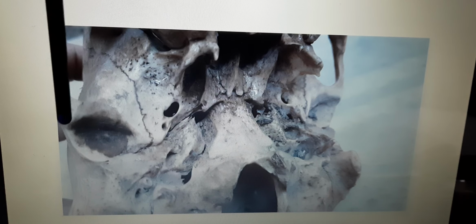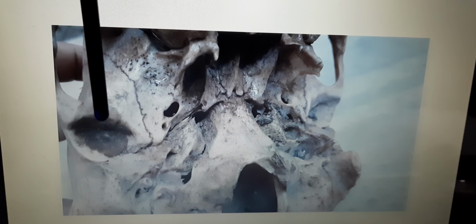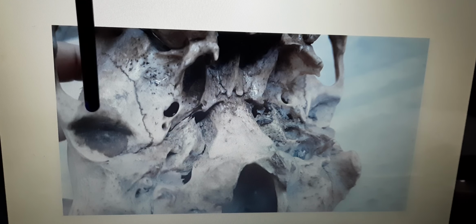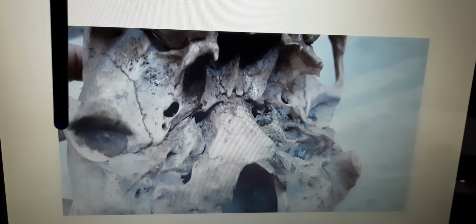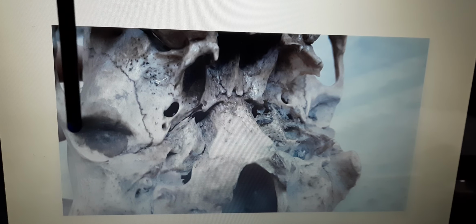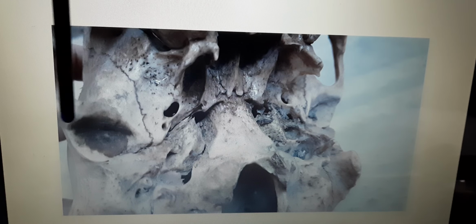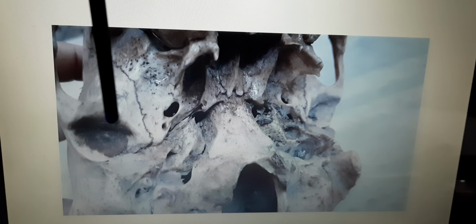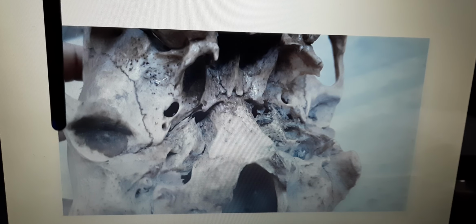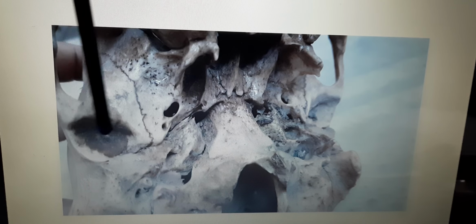This elevation is known as the anterior tubercle, and I have told already that the tubercle of the root of zygoma divides into two parts, anterior part and lateral part. The anterior part forms the anterior boundary of the mandibular fossa, which is known as the articular tubercle, and the posterior part forms the lateral boundary of the mandibular fossa.